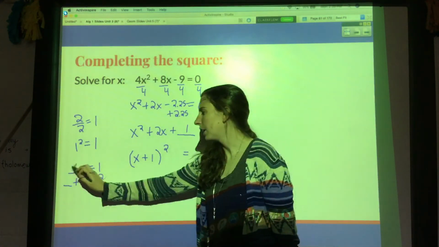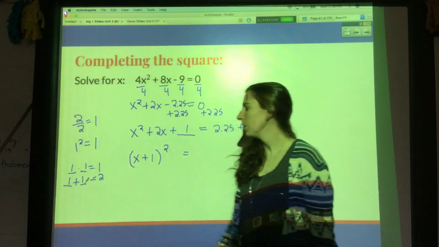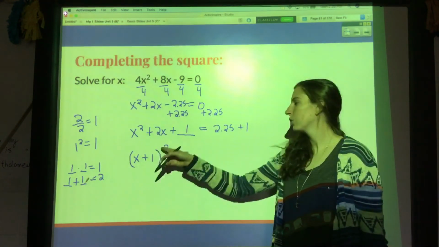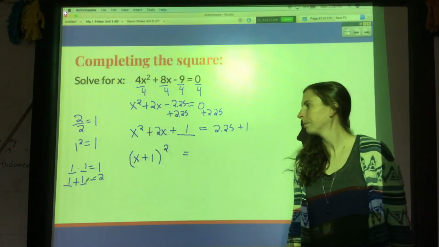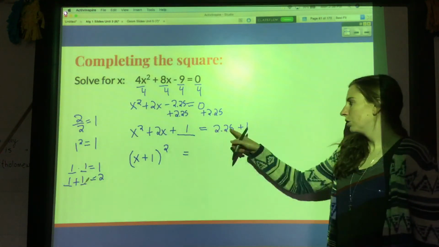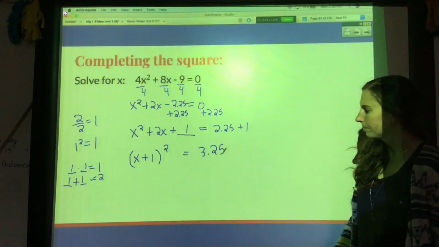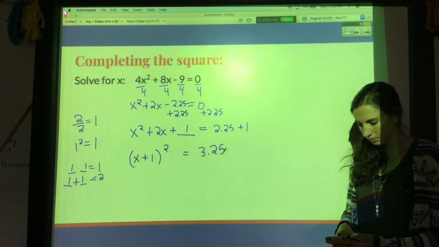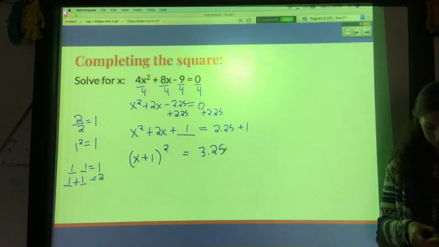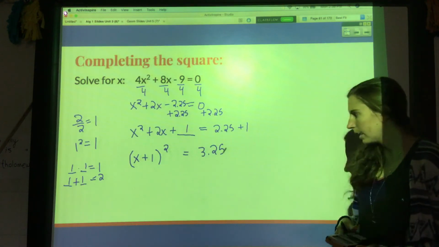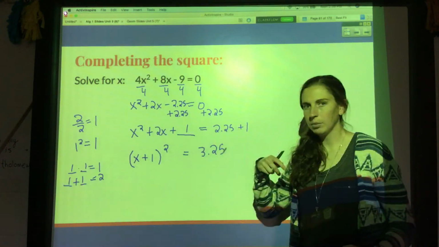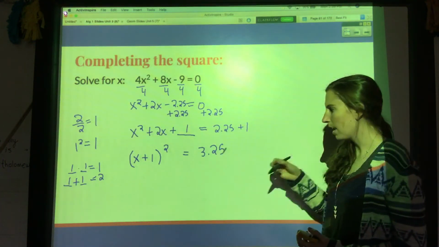And that would be 1 and 1, which is why I have x plus 1 squared. There's 2 of them. 2.25 plus 1 is 3.25. And then that's it. I completed the square, but let's go ahead and finish this up.